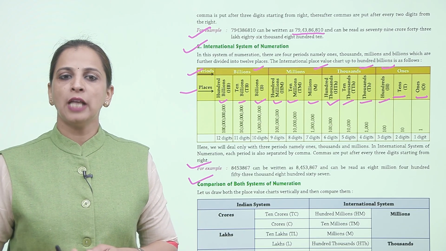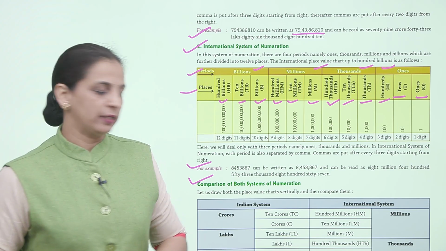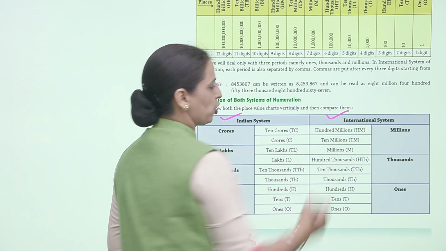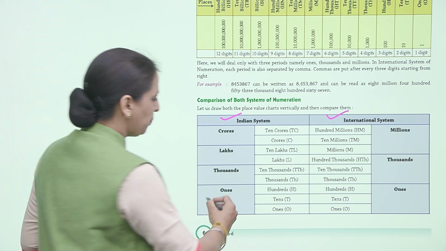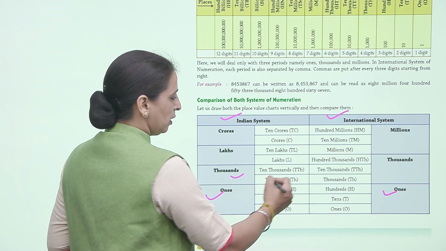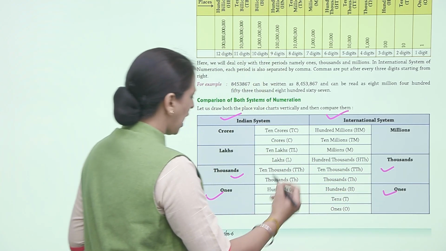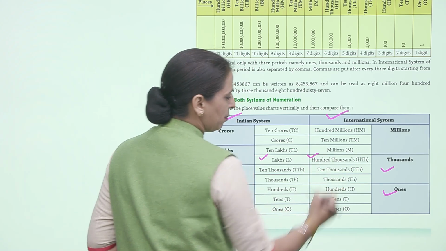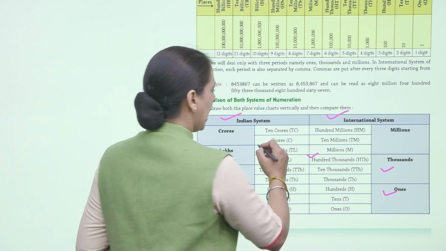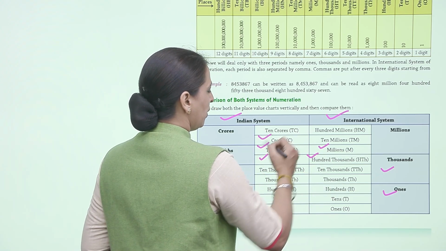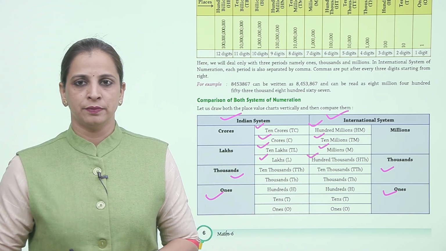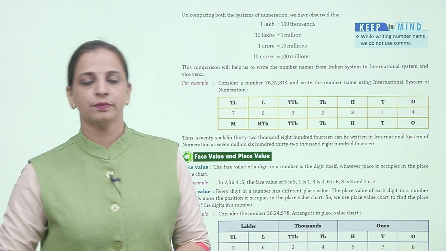Now, comparison of both systems of numeration. Let us draw both the place value charts vertically and then compare them. Now, Indian system and international system. The ones period is the same for both: ones, tens and hundreds. Then the thousands period is also the same. Here in the Indian system we have lakh, which becomes 100,000. 1000 and 10,000 are the same. Lakh becomes 100,000 and 10 lakh becomes 1 million. 1 crore becomes 10 million and 10 crores becomes 100 million.